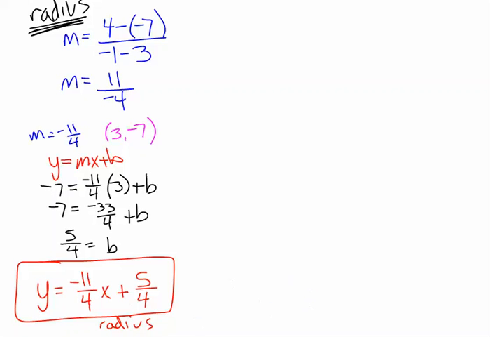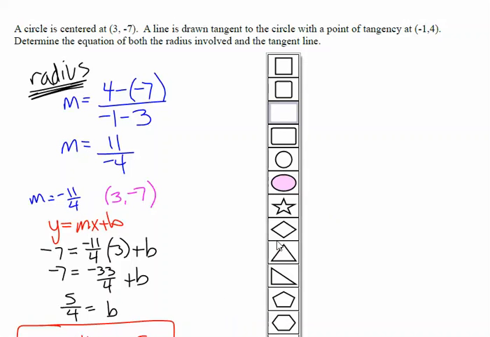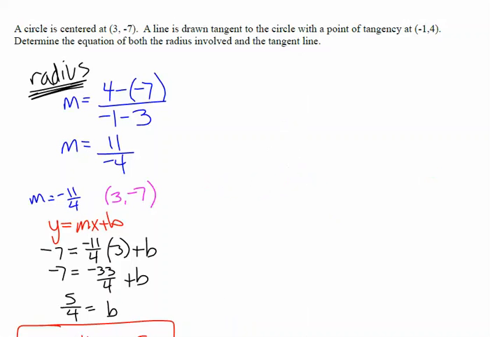Now, as we discussed in class, going from the radius to the tangent line has a certain property. So if we have a circle and we have its center point, and we have drawn in the radius to a specific location, and then we draw the tangent line into the circle at that same spot, notice we get right angles.